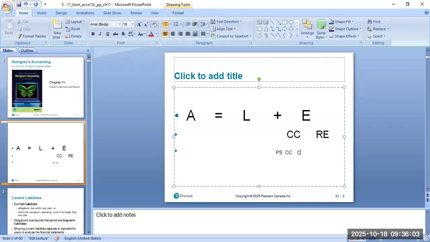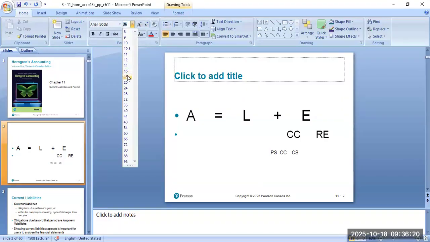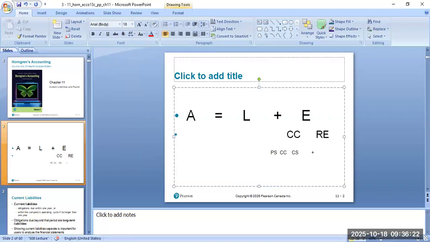We can have contributed surplus related to the preferred shares and common shares. In the retained earnings, in order to get the retained earnings, we have to add the net income for the period. We have to deduct the dividend. And we're going to get the new retained earnings. If there's a net loss, we have to deduct the net loss.